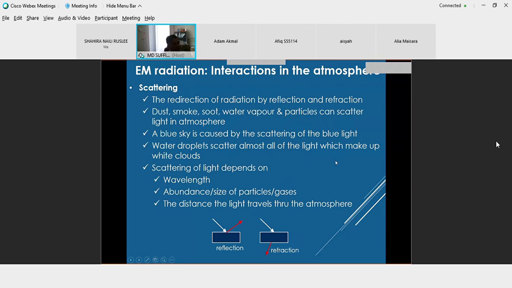And then scattering, okay, direction of radiation by refraction and reflection. Reflection, pembalikan atau pemantulan. Okay, refraction tu pembiasan. So actually, generally, when there are a lot of dust, smoke, okay, asap ataupun soot, jelaga, water vapor and particles, especially larger particles, it will scatter light in the atmosphere.